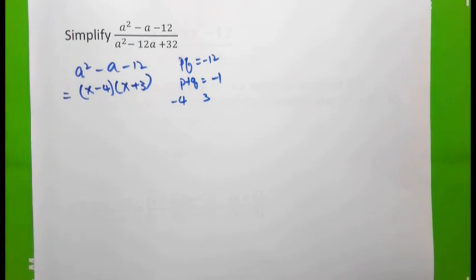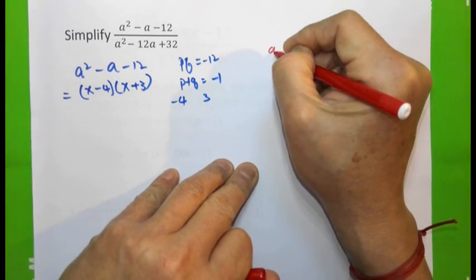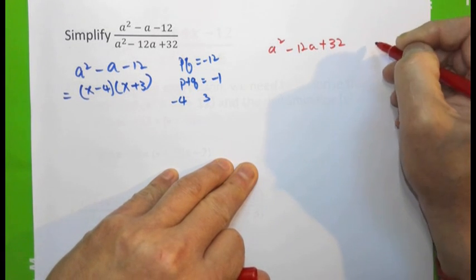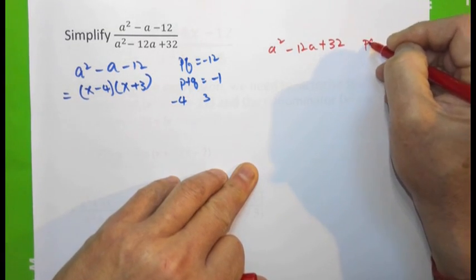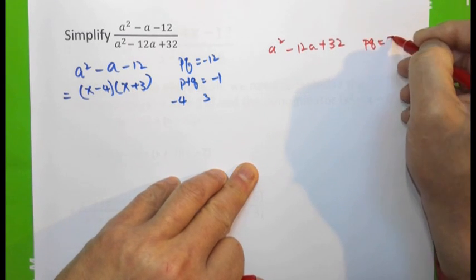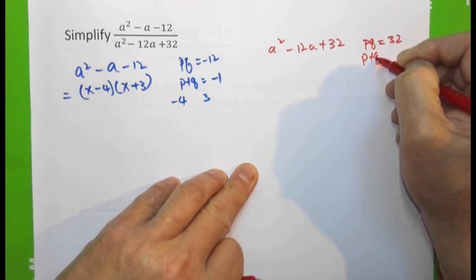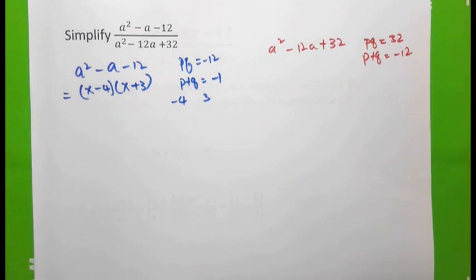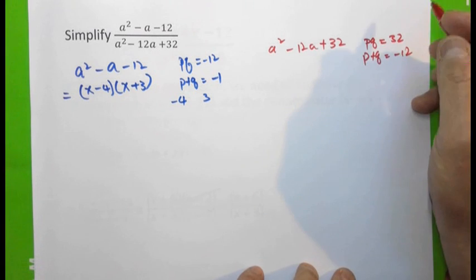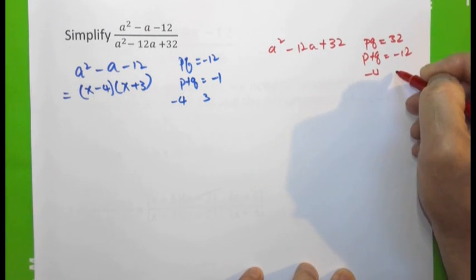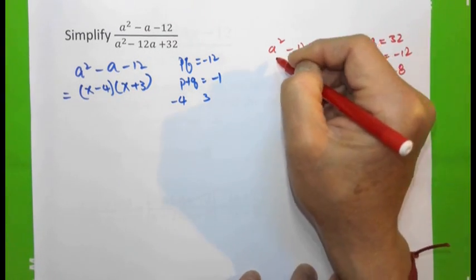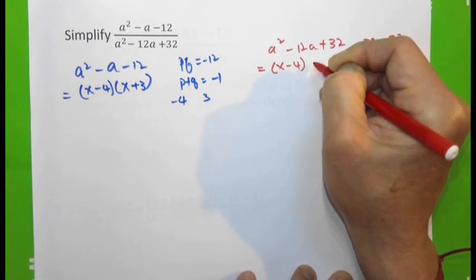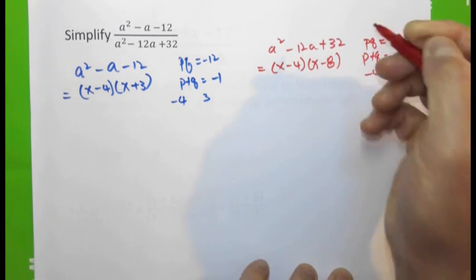What about the denominator? a squared minus 12a plus 32. Again, we have to look at p, q, which will give us 32, and p plus q will give us minus 12. In this case, the two numbers we are looking for are minus 4 and minus 8. Therefore, that factorizes into x minus 4 and x minus 8.